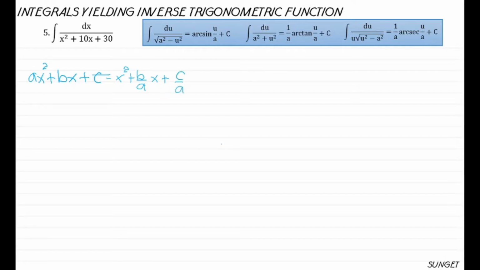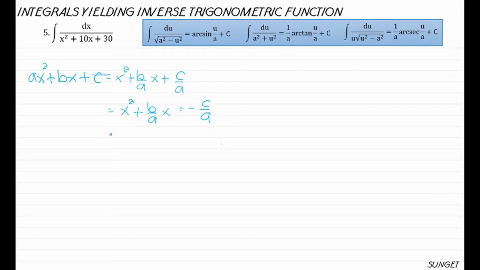Next is to move the number term to the right side of the equation. The number term is c over a. So we have x squared plus b over a x equal to negative c over a.